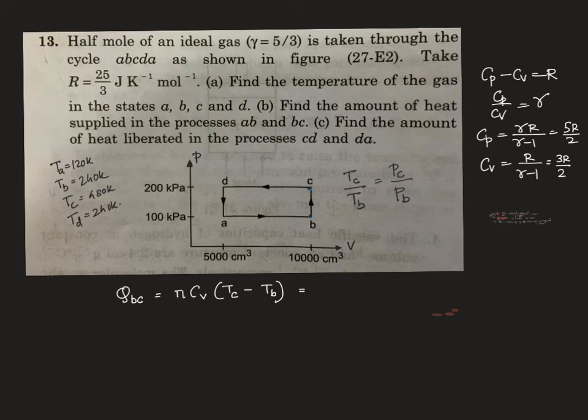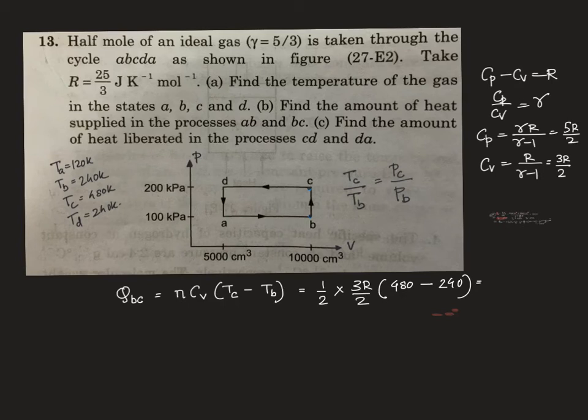So Q from B to C is nCv into TC minus TB. N is half, Cv is 3R by 2, and TC 480 minus TB 240.